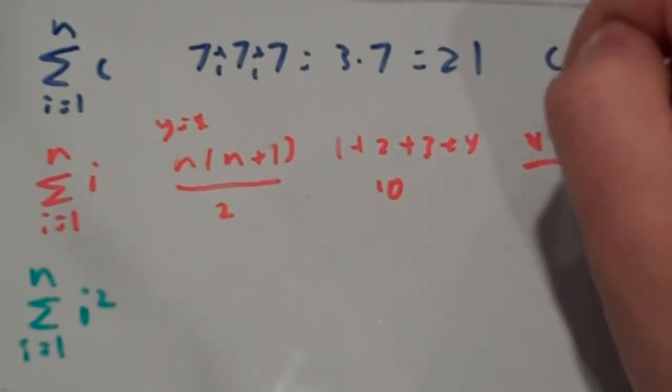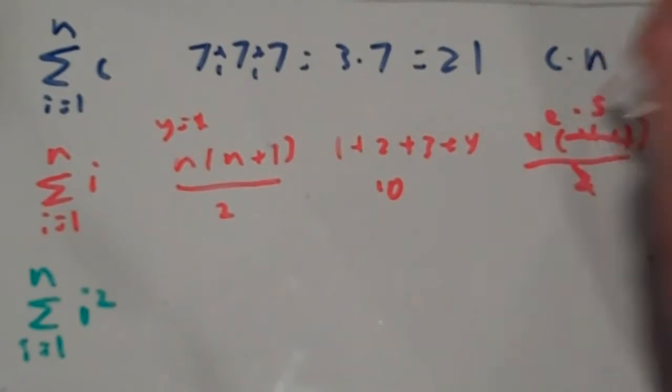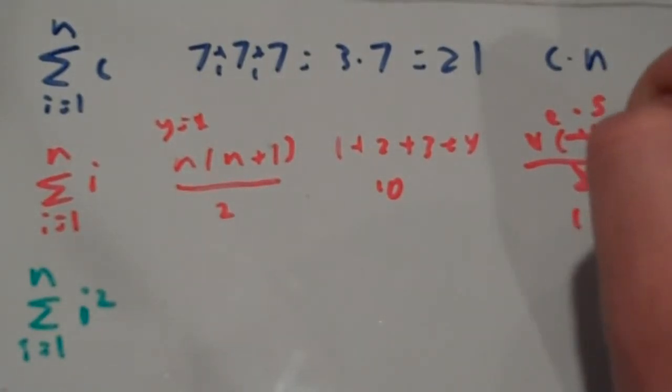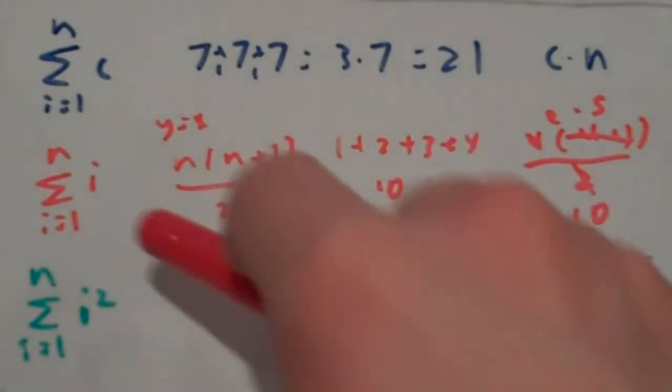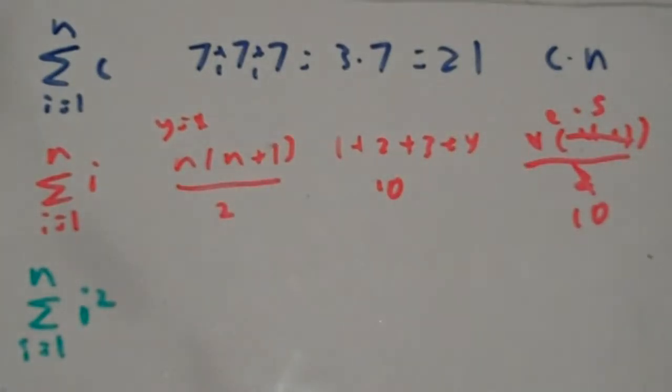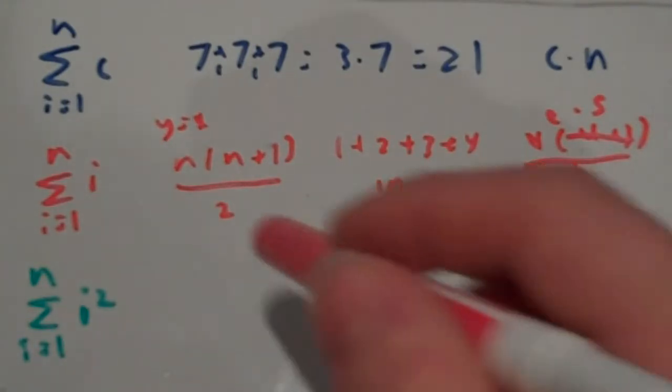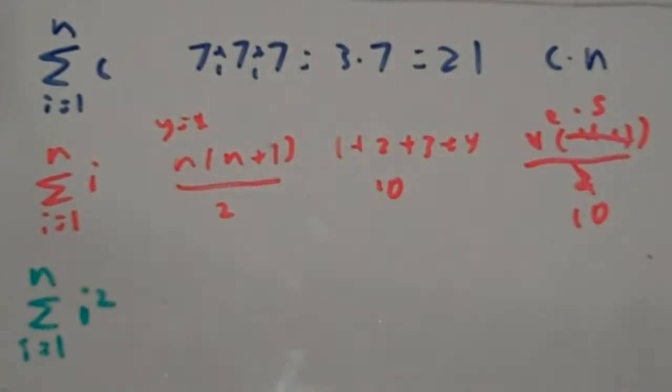We can cancel these, we get 2. This is 5, so just 2 times 5, which is 10. So this is the summation. If you have a variable alone, with no coefficients or anything added to it, you would use this summation formula.